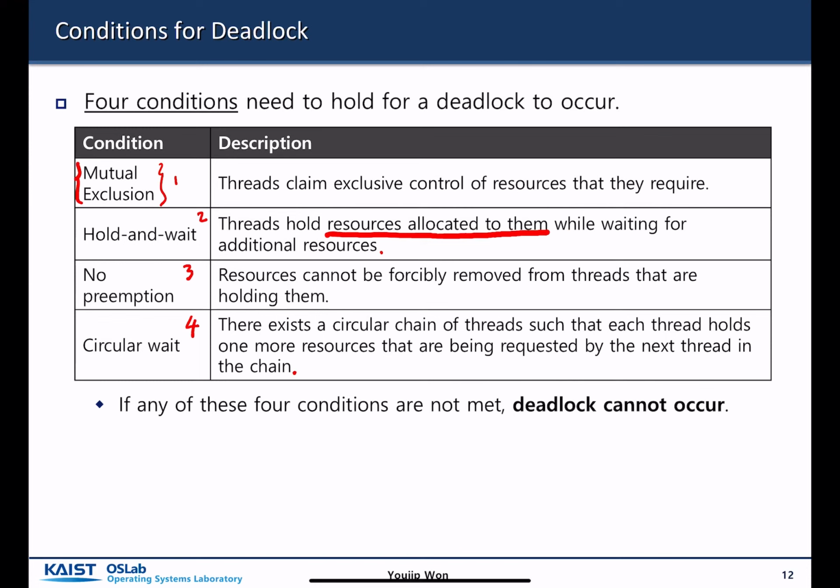And in a similar manner, it is very difficult to eliminate the no preemption condition, because if a thread holds a certain resource, then it's very difficult for the other threads to preempt the resources held by another thread.